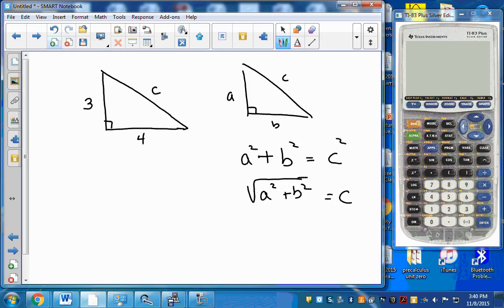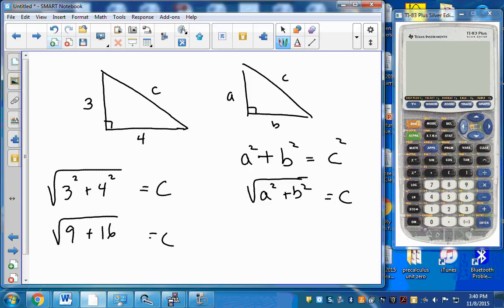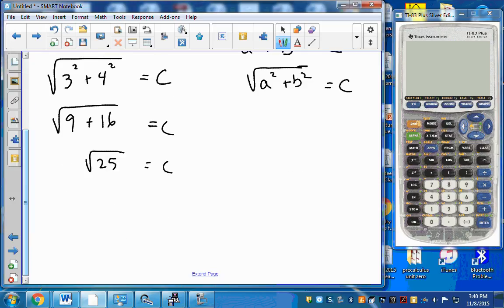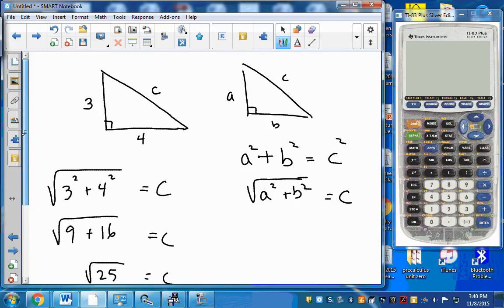So for this problem, C is going to be the square root of 3 squared plus 4 squared. Let's see. Well, 3 squared is 9, 4 squared is 16. Okay, so we can add those up. So that's the square root of 25, and we know that answer is 5. Okay, so this is in fact 5.